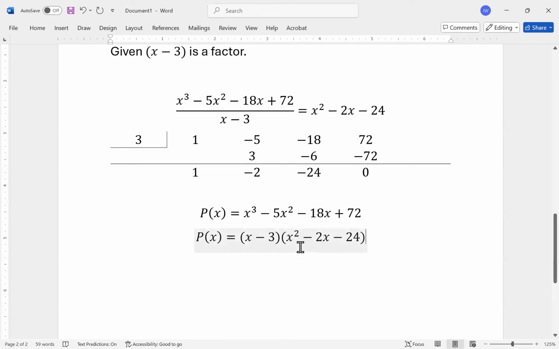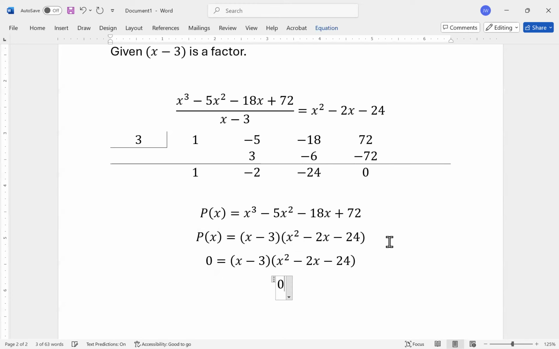In other words, I want to find when this is 0. I know how to solve x minus 3 equal to 0. And I also know how to solve a quadratic being set equal to 0. There's multiple ways of doing that. In this case, this quadratic can be factored over integers. So what I'm going to end up doing is setting 0 equal to x minus 3 multiplied times x squared minus 2x minus 24. And I'll just factor that quadratic at the end.